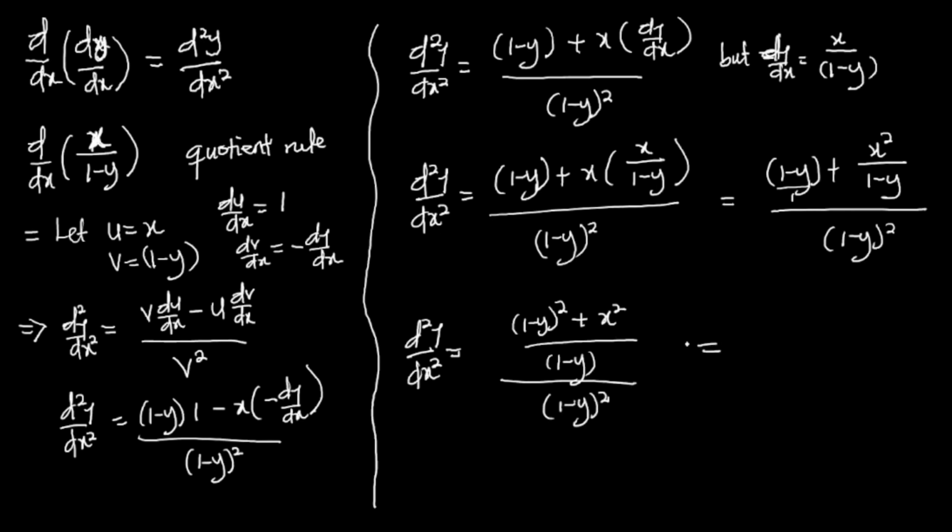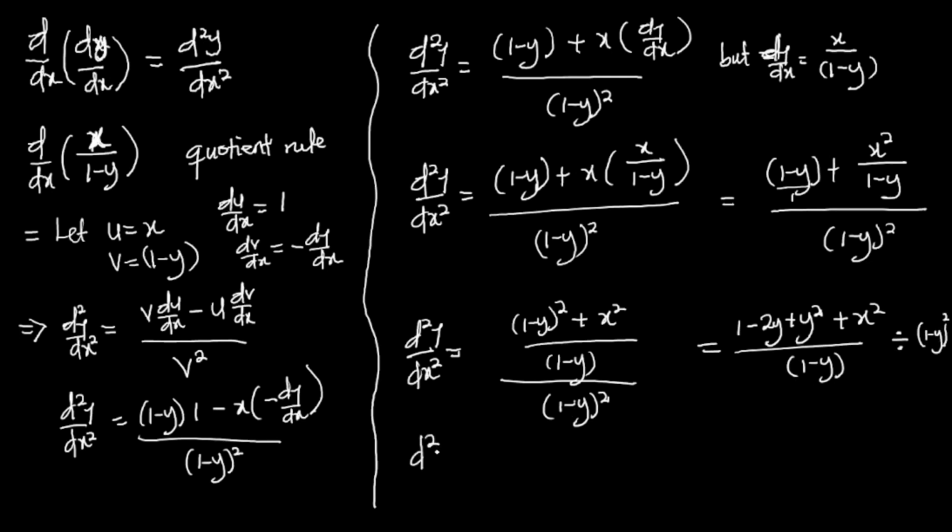So this is equal to, if I simplify what I have in here, 1 minus y all squared will give me 1 squared will give me 1, then minus 2y plus y squared, that is if we expand what we have over here, plus s squared all on 1 minus y, then divided by this guy over here becomes divided by 1 minus y squared.